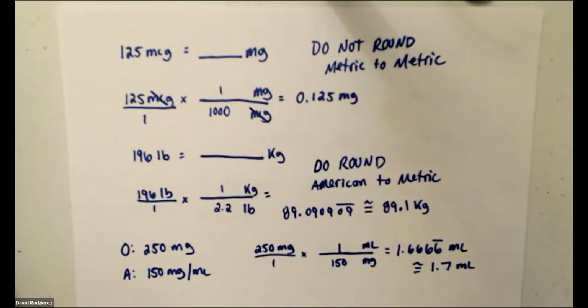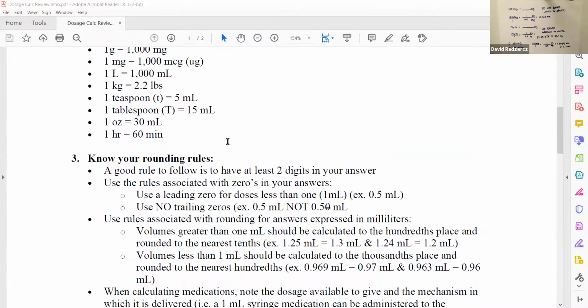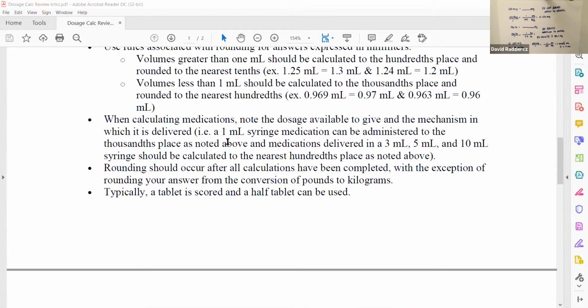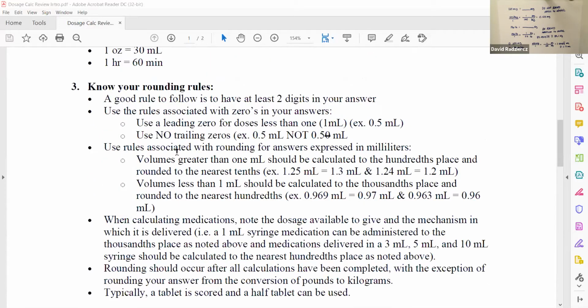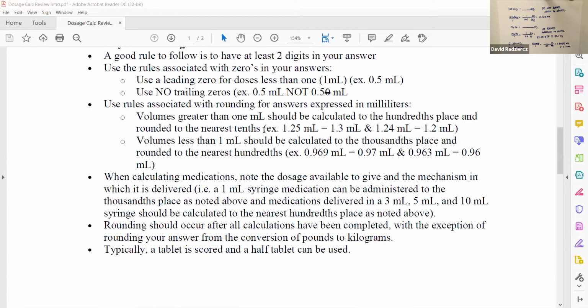Okay, so I'm going to bounce back to the review page here. So we discussed some rounding. Again, there's some additional rounding rules. This is what I was talking about earlier when someone asked, how do I know when to round to the 10th versus the 100th?